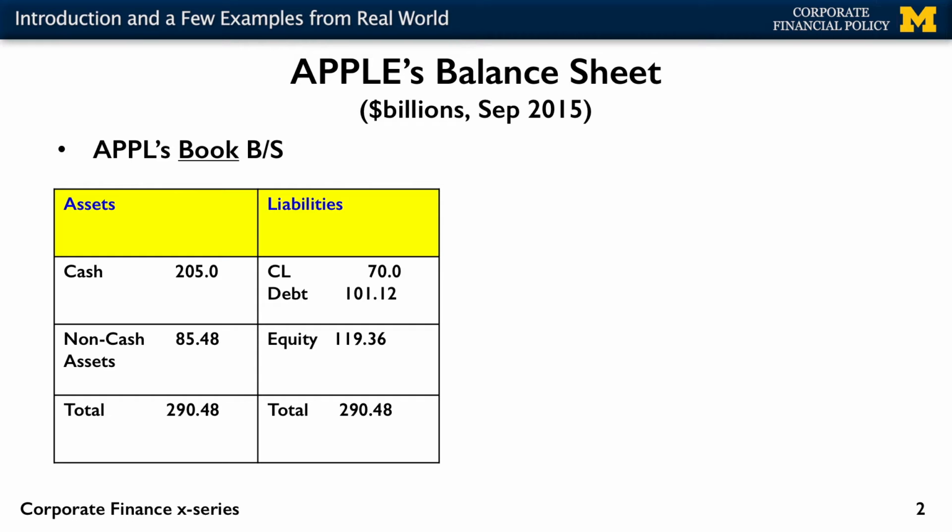And then you have debt, borrowings from banks, the bond market, and so on, of $101.12 billion for Apple. Below that, I have equity, the shareholders' money in the company, and in book value terms this is $119 billion. And of course, the sum of all my liabilities and equity should add up to exactly the same amount as what I have on the asset side.